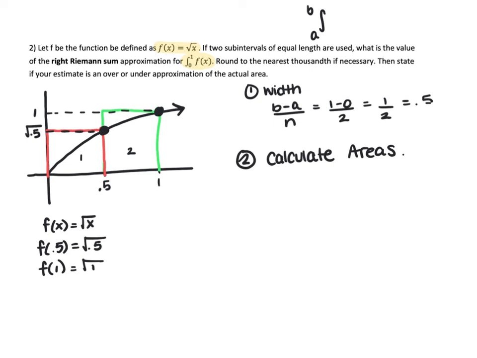So if I want to find the area of, say, rectangle 1, the width is 0.5, the height is radical 0.5. For rectangle 2, my width is 0.5 and my height is 1.